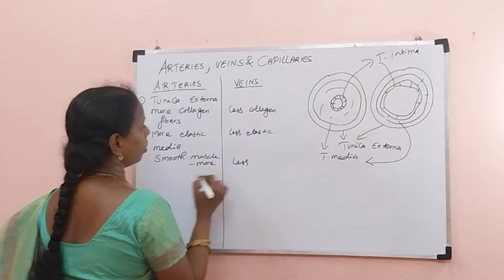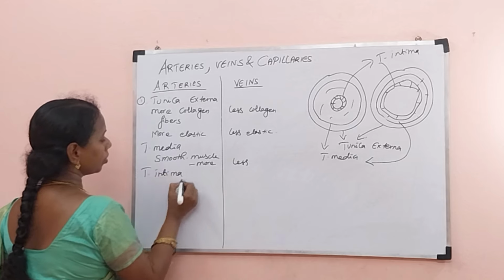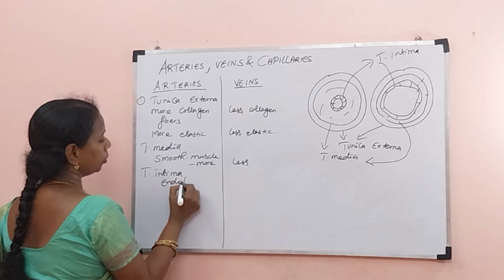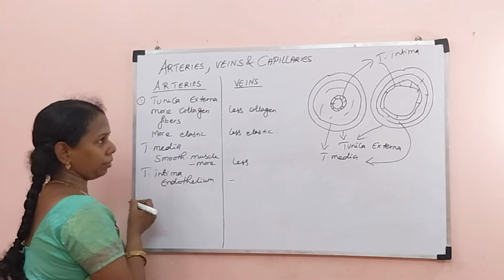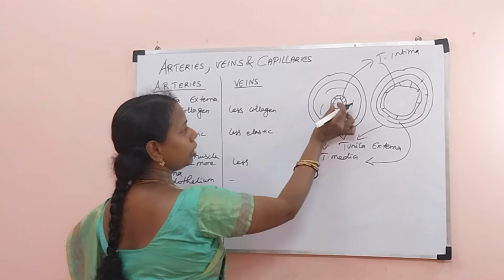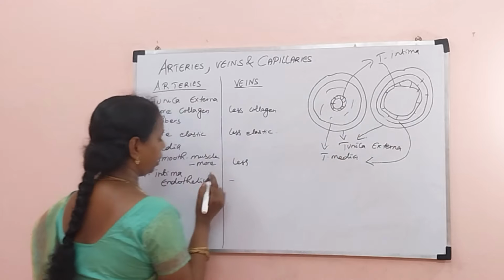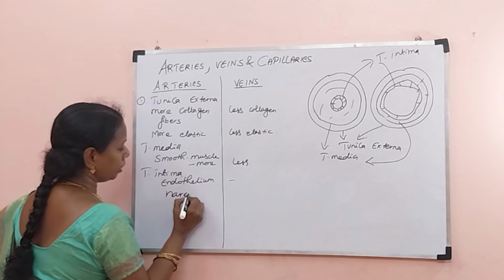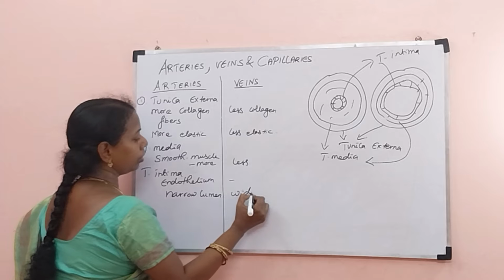Tunica intima is endothelium, present in both. Here also we have it. Can you see the lumen, children? The lumen is very narrow in artery, wider in vein. So, narrow lumen in arteries, wide lumen in veins.